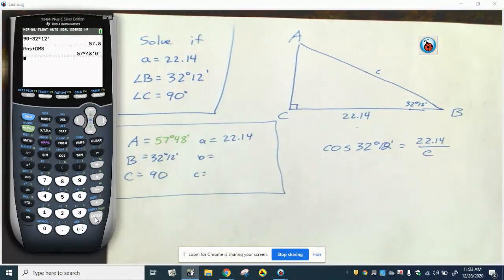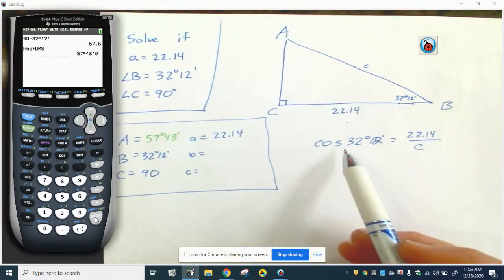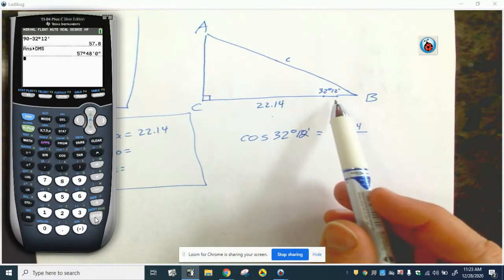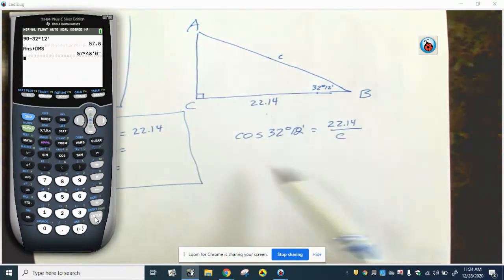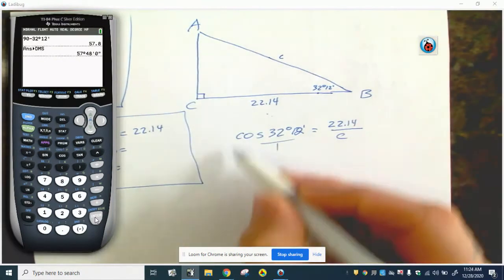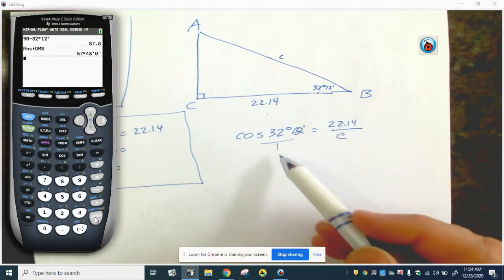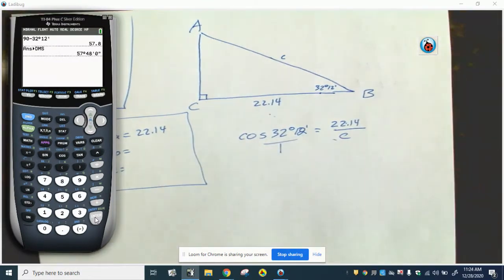Okay. All right, so we got this proportion. We said our cosine is adjacent over hypotenuse, so we have this proportion. Again, this is just a butterfly. I would do 22 times 1 divided by that. So in this case, I'm going to do 22.14 divided by cosine of, and then I would need 32, go to that angle menu, degrees, 12 minutes.